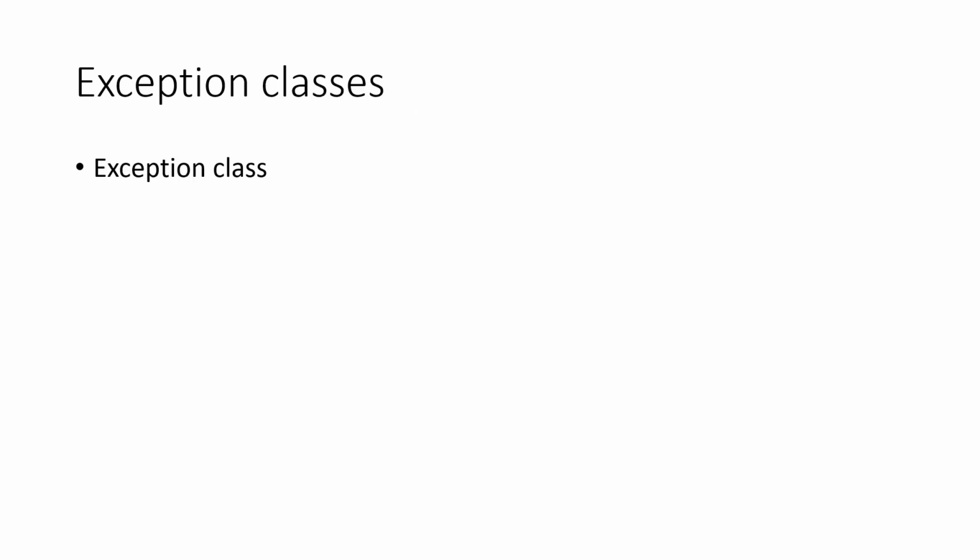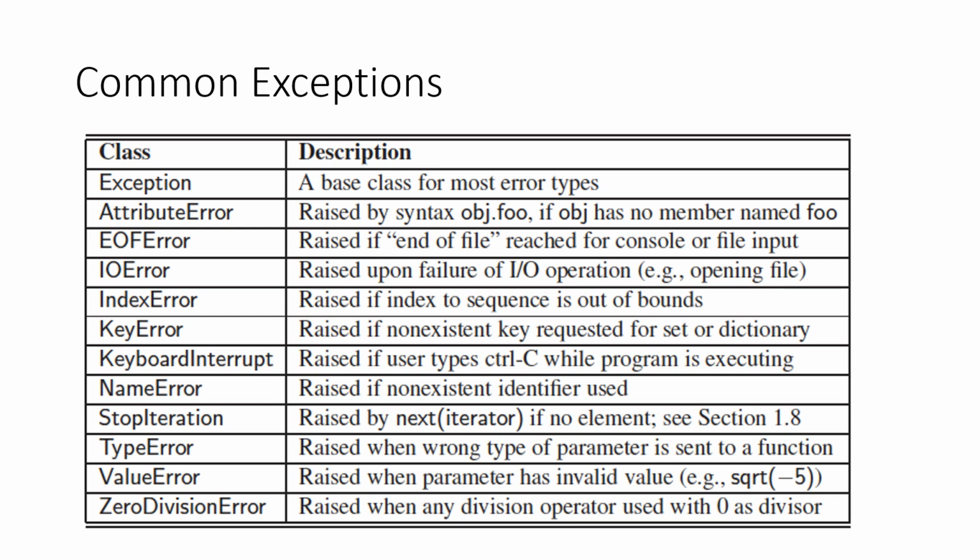So here in Python, exception classes are defined for some of the exceptions. We have the common exceptions defined as classes. One is the very basic exception, called Exception itself.